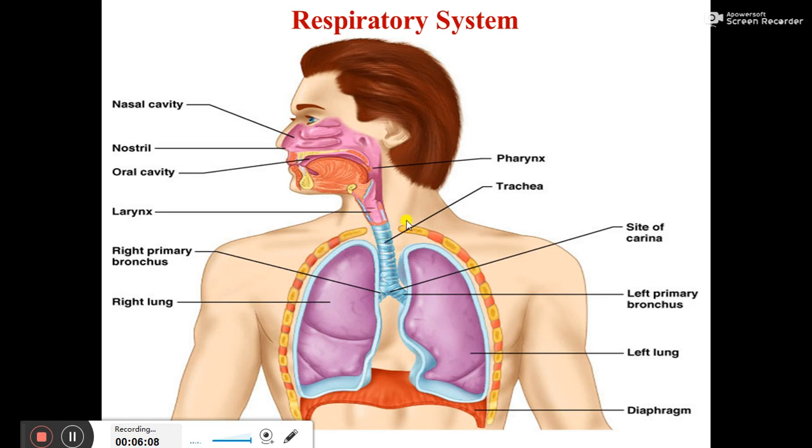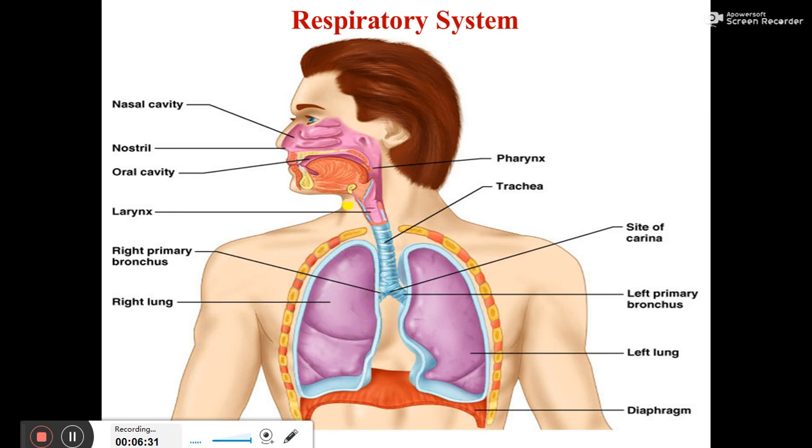The larynx leads to the trachea. The trachea leads to the primary bronchus, which enters into the respective right and left lungs, and this bronchus will further divide into a bronchial tree, which we will see in the next points.